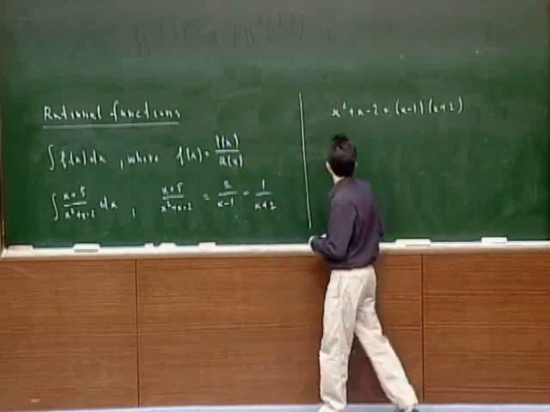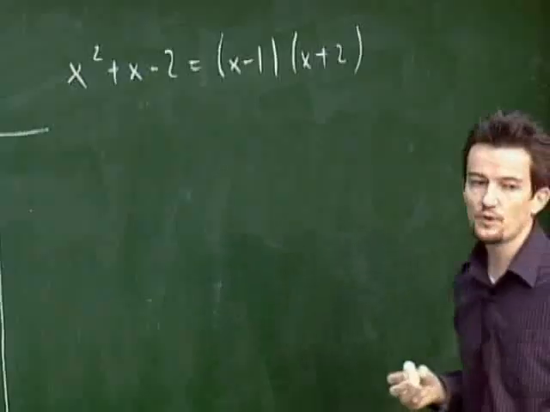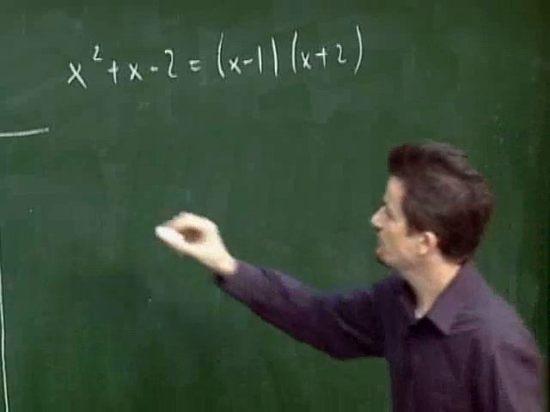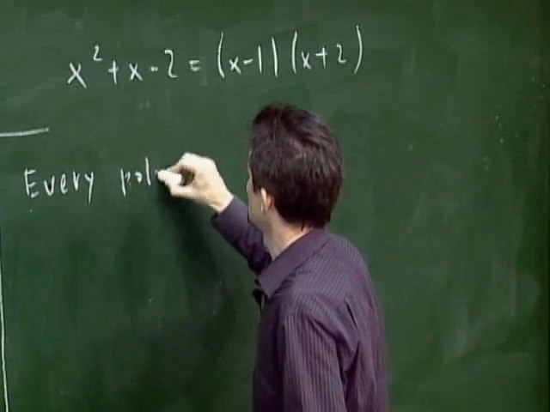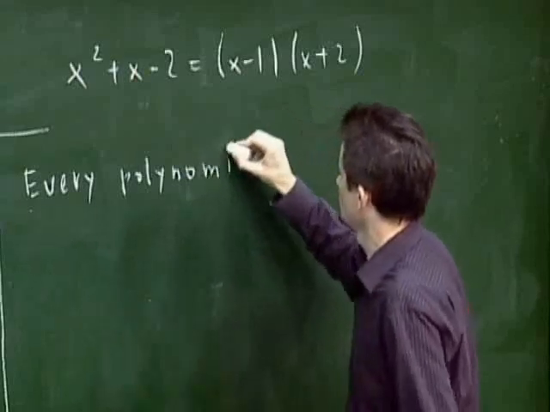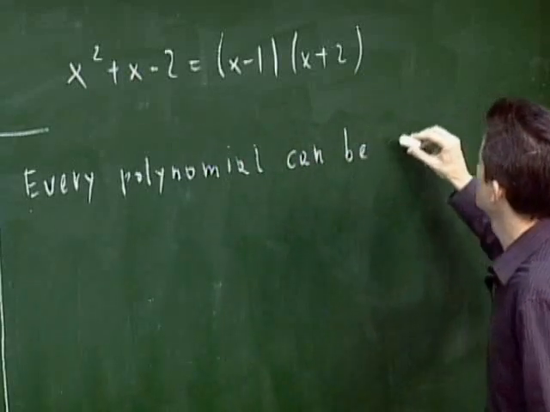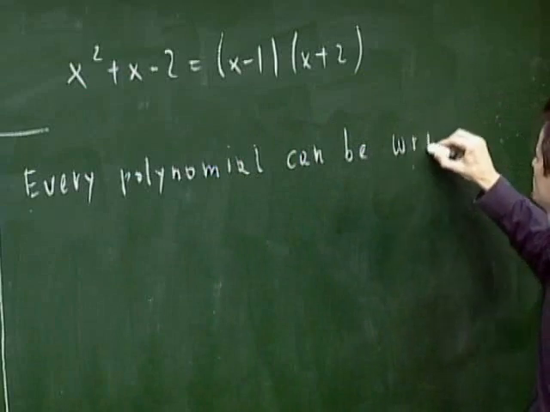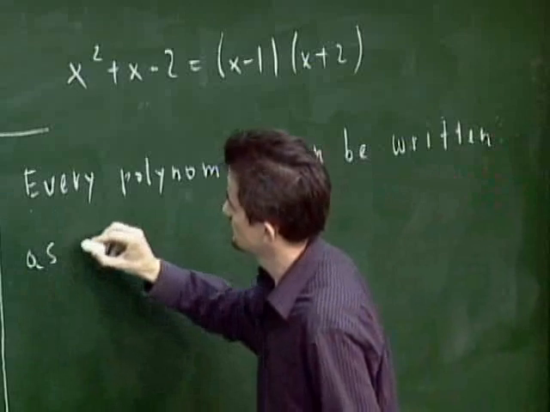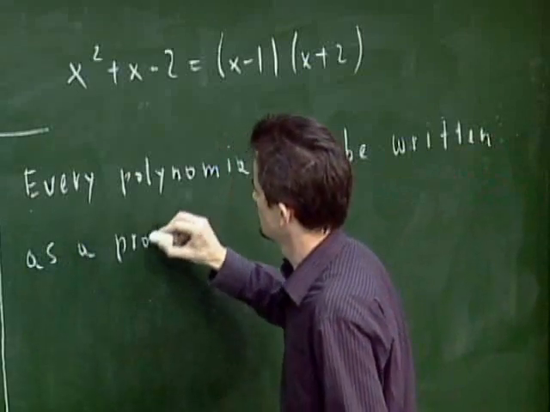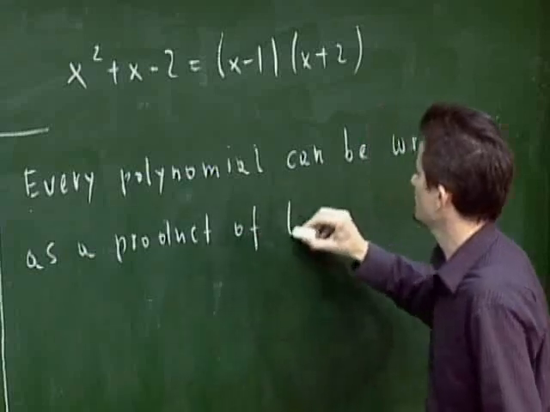Now, it can be proved, we are not going to prove this, that every polynomial can be written as a product of linear factors.